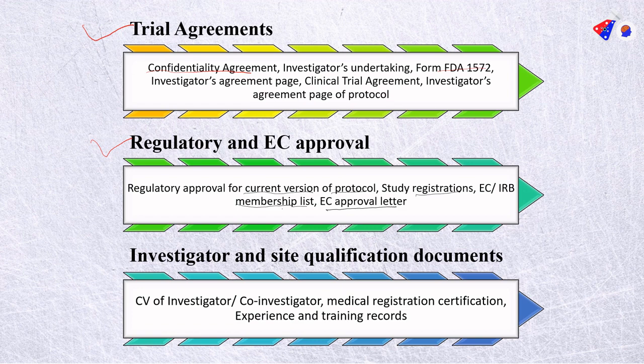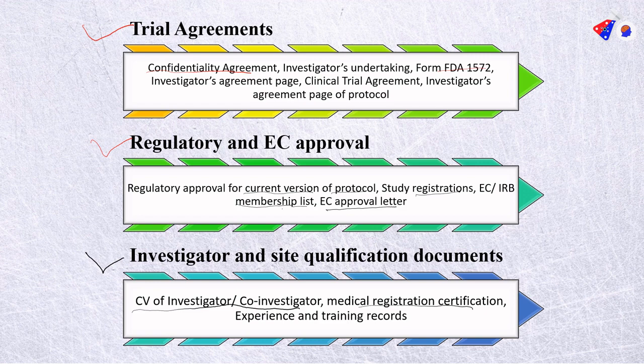Next, we would have documents which indicate the investigator's and site's qualification. We need to have the CV of the investigator and co-investigator, which is one of the important aspects that clearly highlights how the investigator is qualified to conduct a trial. We need to have the medical registration certificate, so that the particular PI is registered and legitimately qualified to practice as a study investigator.